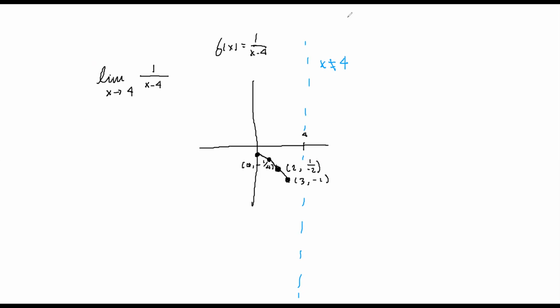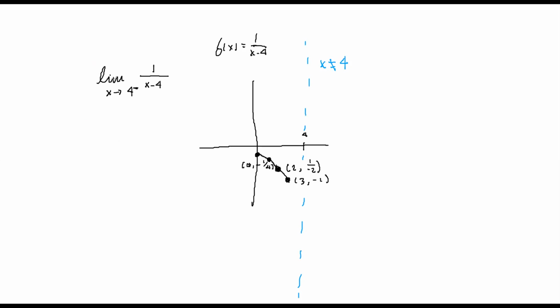And we are approaching this from the left while I'm graphing this. So we're approaching 4 from the left. So it's going to be under 4. So it's going to be 3.99 minus 4, right? And so it's going to be negative.